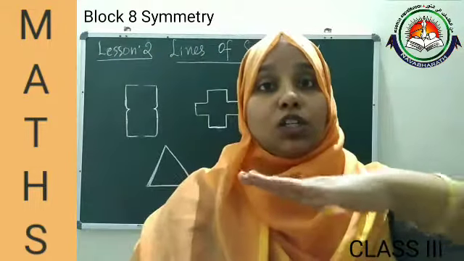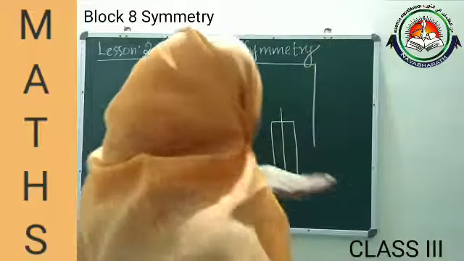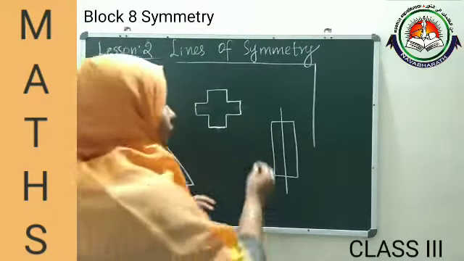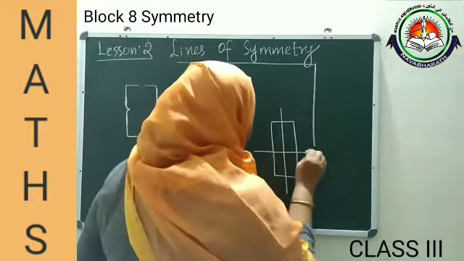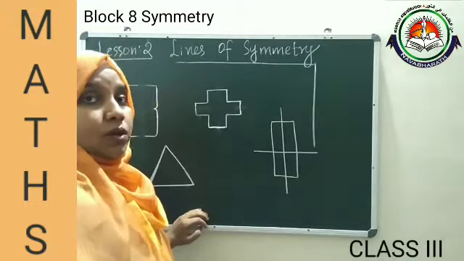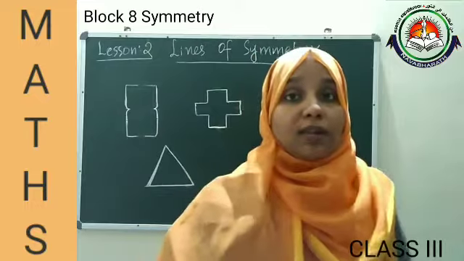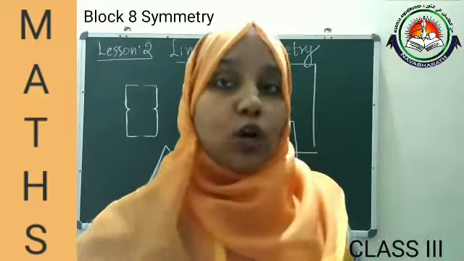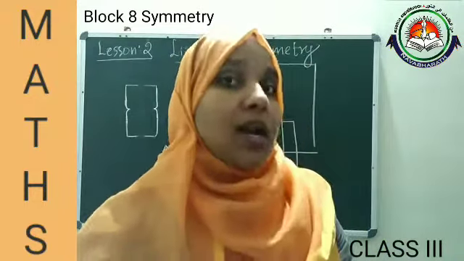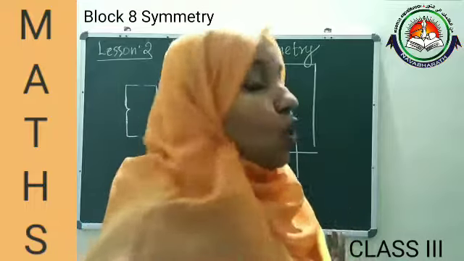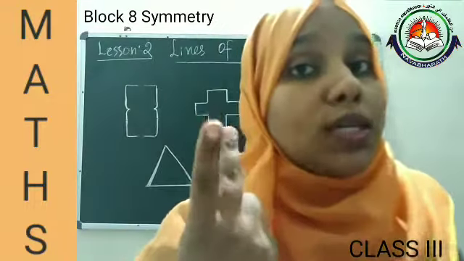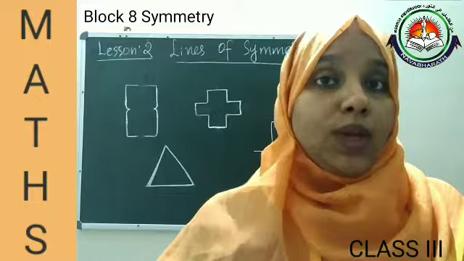We can cut it horizontally, like this. So two ways we can cut this rectangular door, and we can say that the lines of symmetry for this rectangular door is 2.